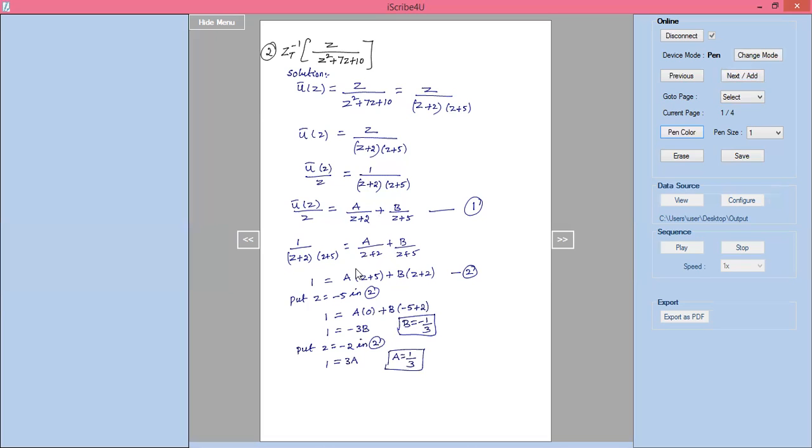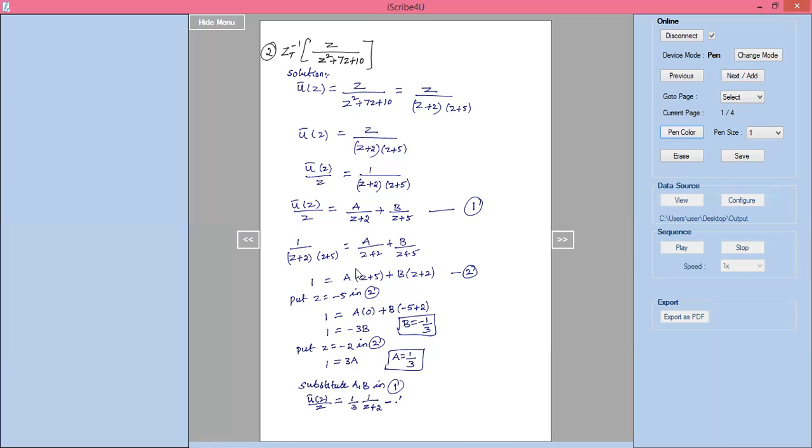Now we can substitute these a and b values in equation 1. We'll write u bar of z divided by z equal to, that a is 1 by 3, into 1 divided by z plus 2.